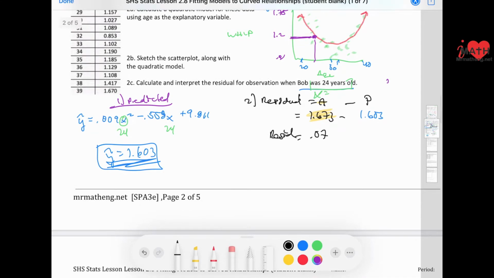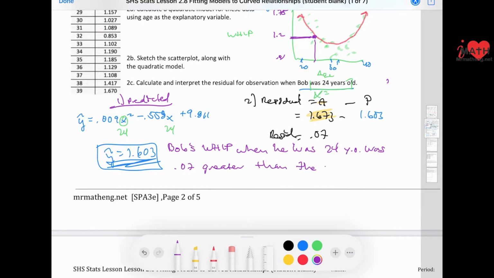What does this mean? This means that Bob's WHIP, when he was 24 years old, was 0.07 greater, because that's positive, than the predicted by the quadratic model with x equals age.